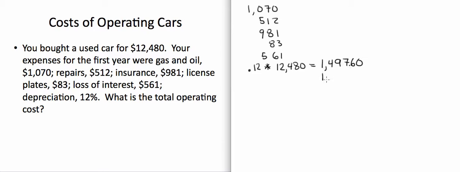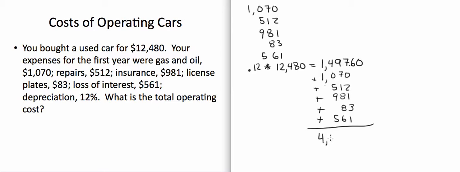That would give us an answer of $1,497.60. So we add in the 1,070 plus the 512 plus the 981 plus the 83 plus the 561, and what we get here for a total cost is $4,704.60.